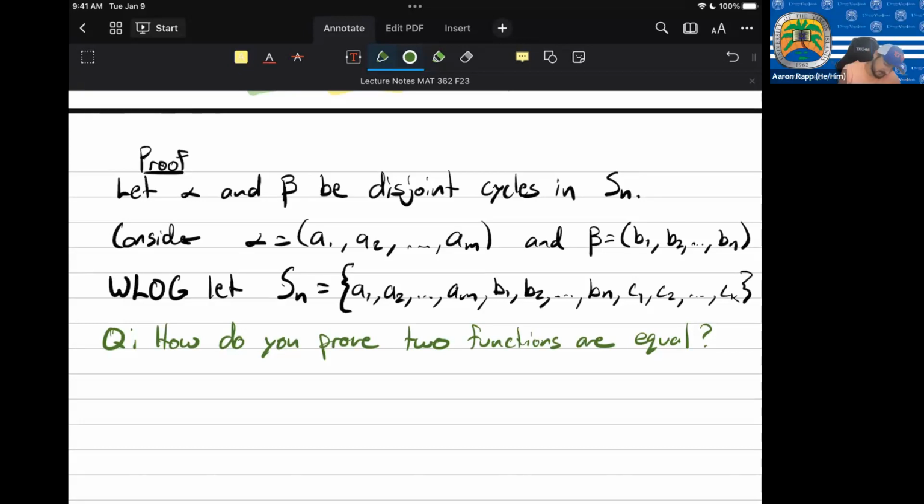Okay, so let's say f and g. So if we have two functions, we know they're equal if what?